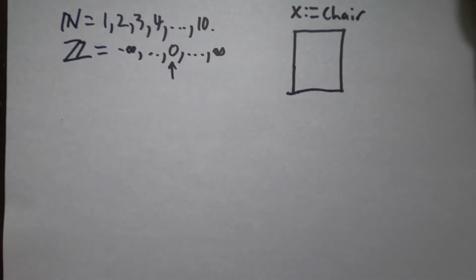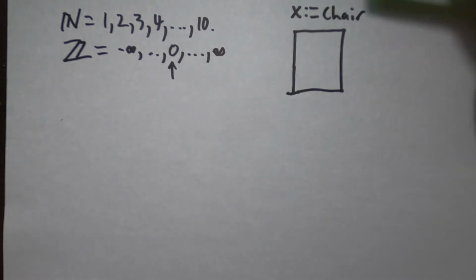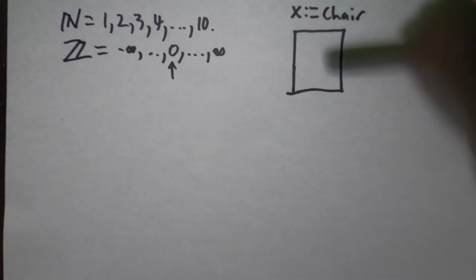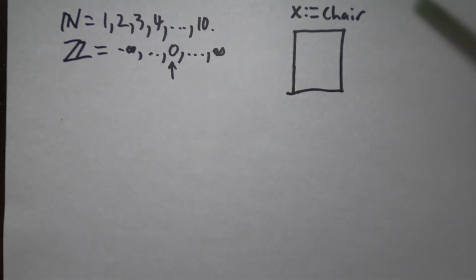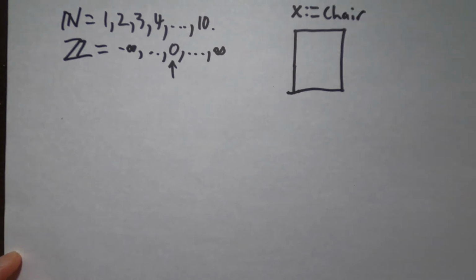Later on in higher maths, you will use this often to define something, and it becomes more complicated. But for right now, I want you to be familiar with this sign. It's okay if you've never seen it before. I just want you to see it now, so later on it doesn't become a shock to you. You'll recognize it and say, oh, I know what that sign means. It means define. So for right now, loosely using it, X is defined as a chair.